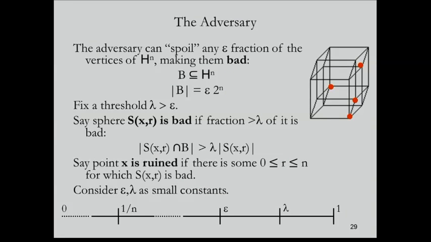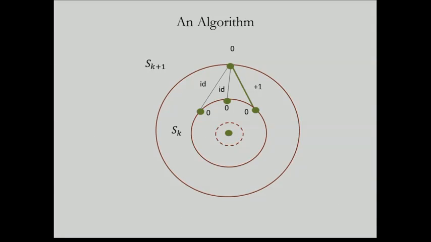Okay, so let's see first of all, what do we need for this, at least the minimum requirement for this algorithm to work, is that there exists a point such that there is no sphere around it that more than some little fraction of the edges that go from s_k to s_{k+1} are corrupted. What does that mean?